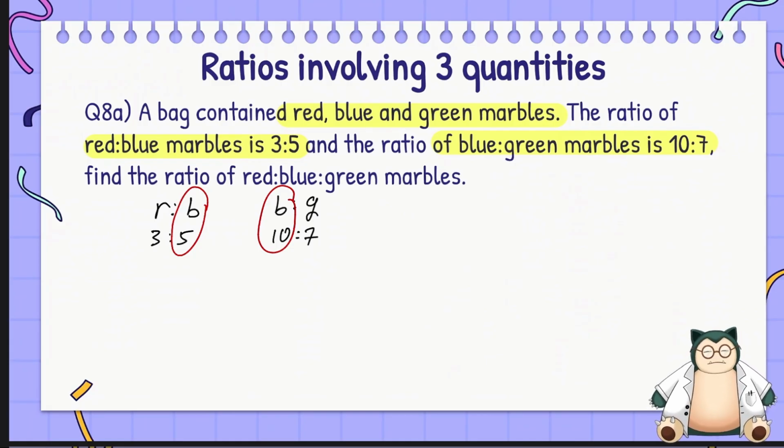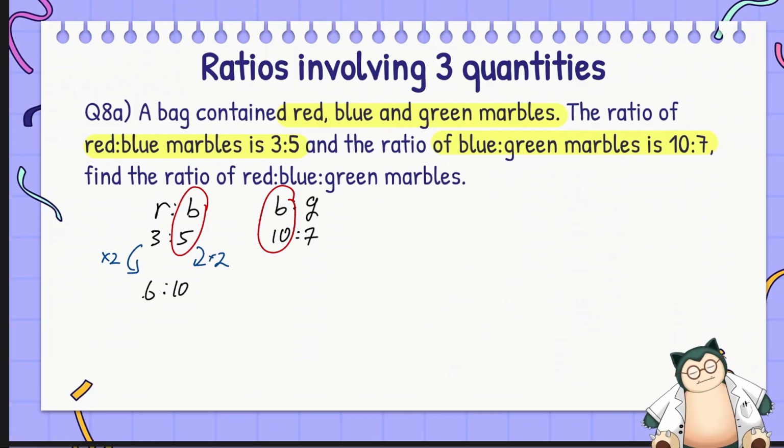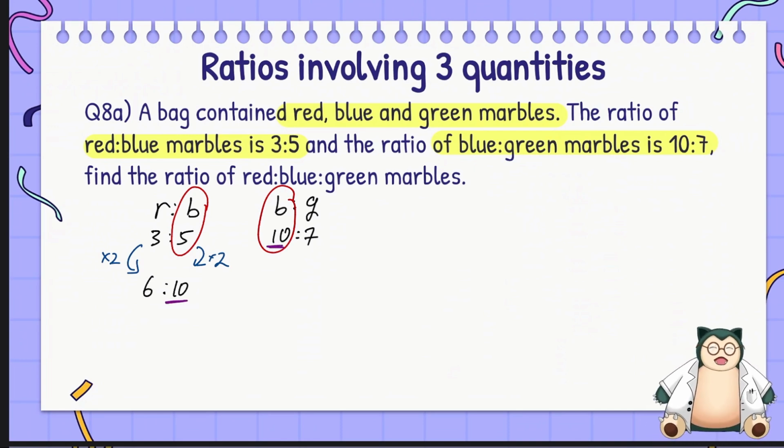To make them join together, we simply express the common terms as the same number of units. So we just need to multiply by 2 on both sides of the red to blue ratio, and we get 6:10. Now we notice that we have the same units for the blue parts of the ratios.